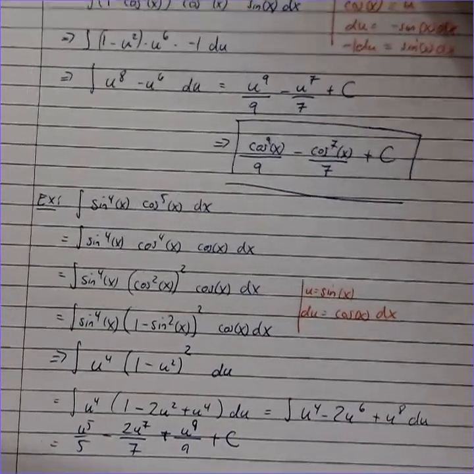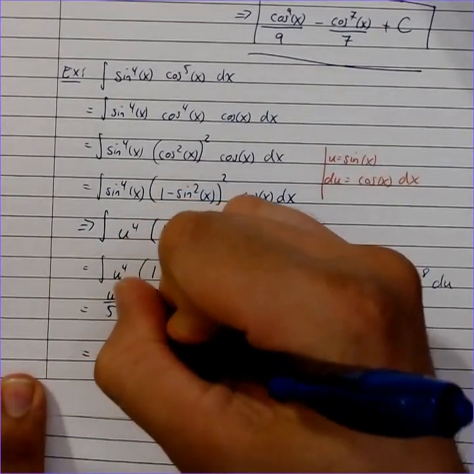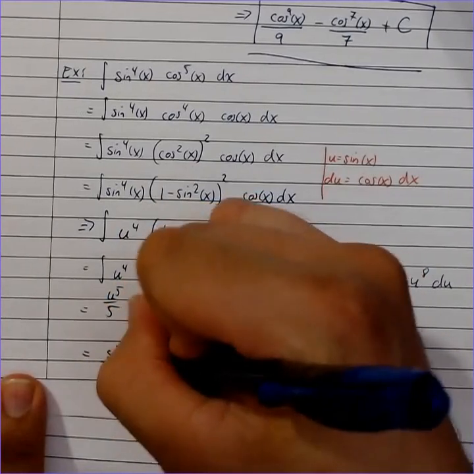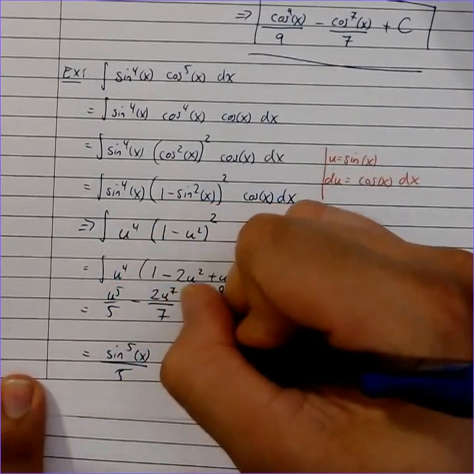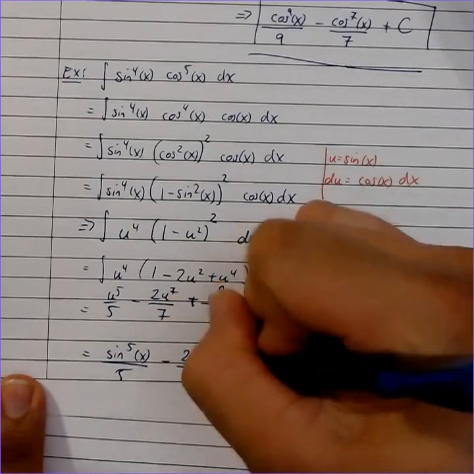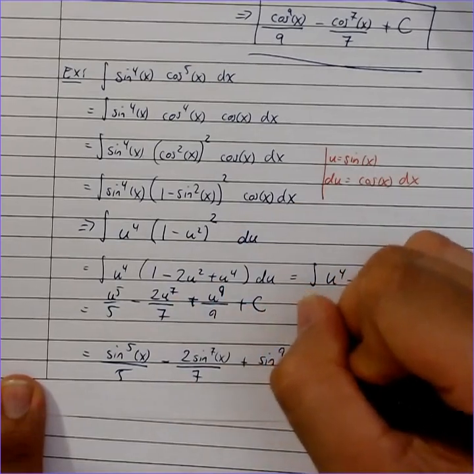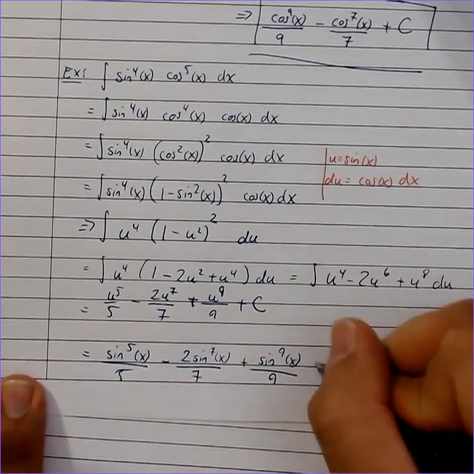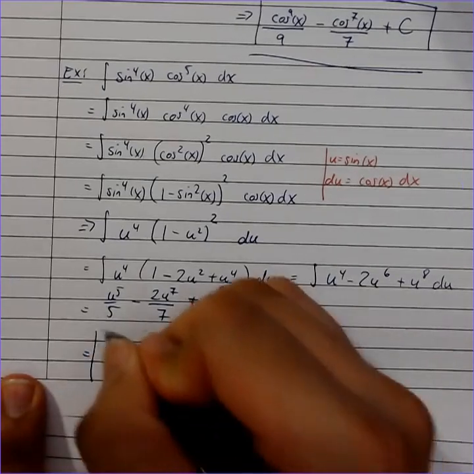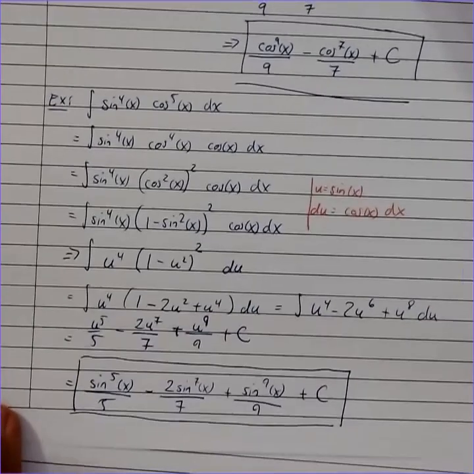So for our final result, let's substitute that back in. And so our result is sine to the fifth of x over 5 minus 2 sine to the seventh of x over 7 plus sine to the ninth of x over 9 plus some constant of integration. And there's our result.